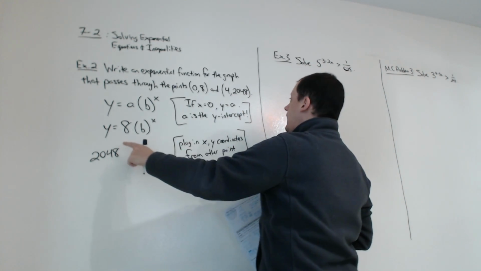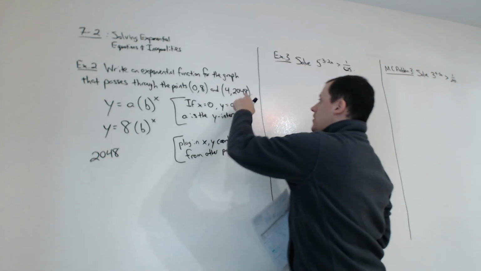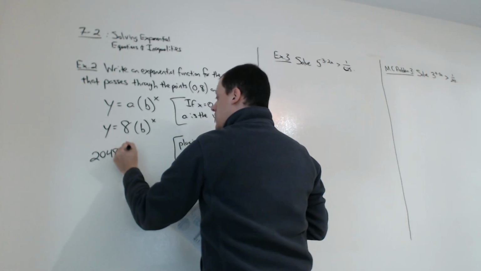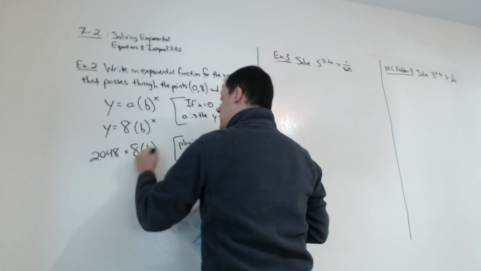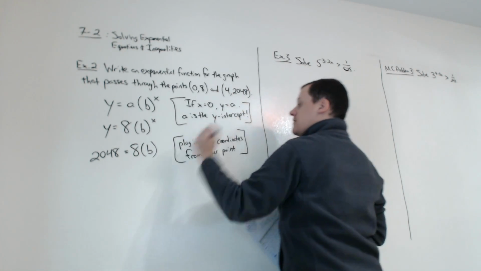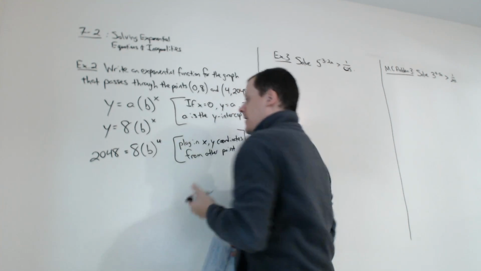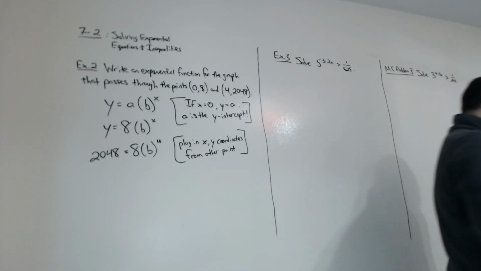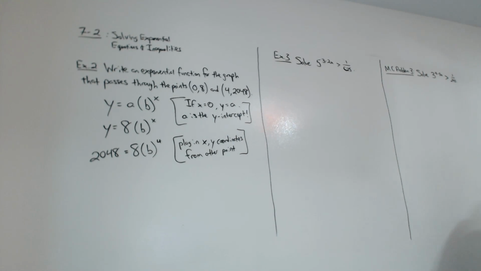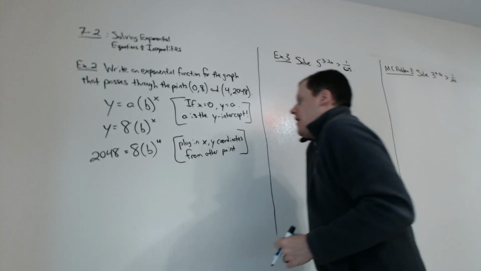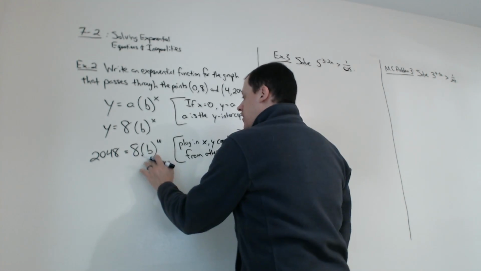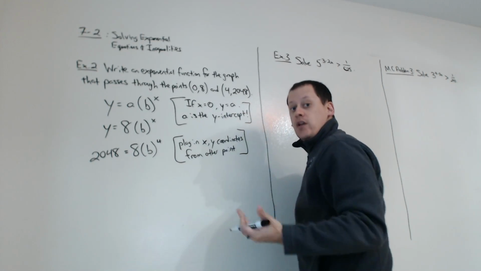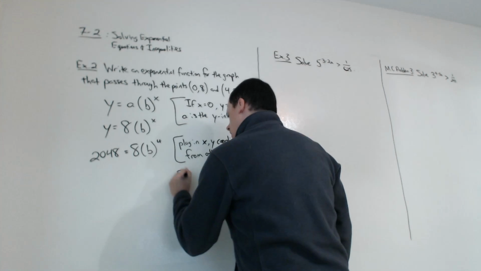The y is the 2048, and that equals 8 times b to the x, where x is 4. Okay, so this is what we have. The reason we're doing all this is so we can solve for b. Once we know what b is, we can write our function. So we're solving for b.